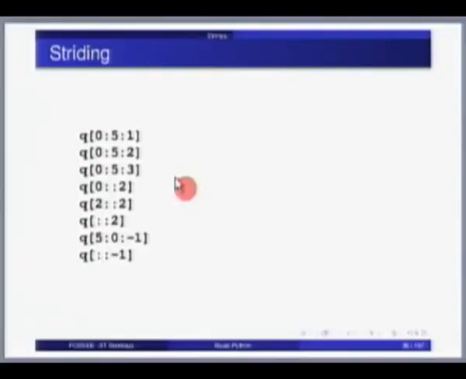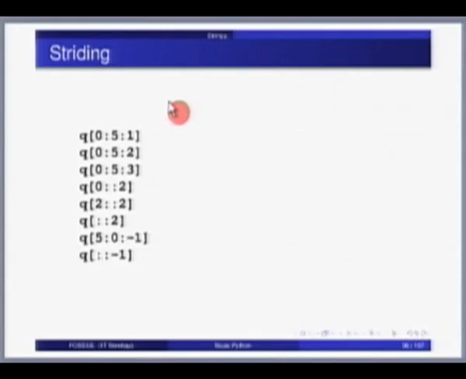So if you do not specify start and the step is positive, it will be 0. If you do not specify end and step is positive, the default will be last plus 1. If you specify step as negative, it will be reversed, that is all. So it makes perfect sense. Once you start reading this code, it will be kind of obvious to you what these strings are doing, but it is very important that you understand slicing and striding well, because it is a frequently used operation in Python.